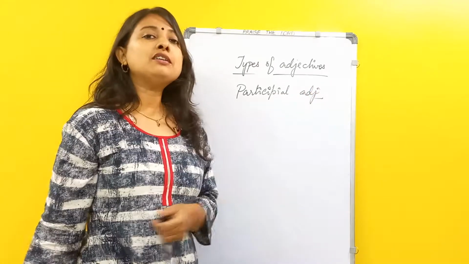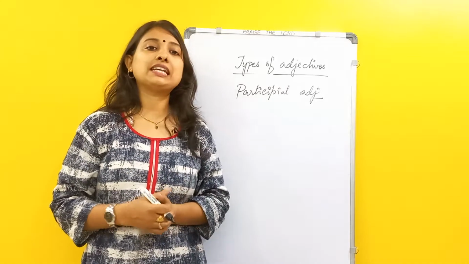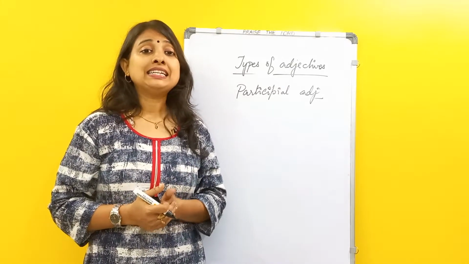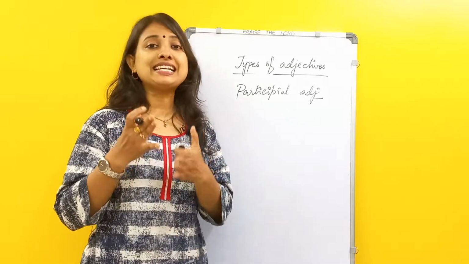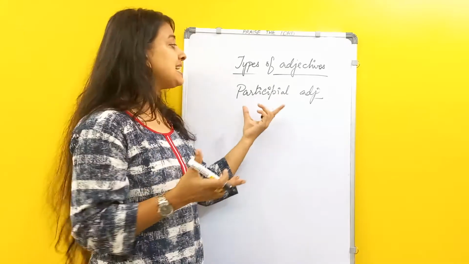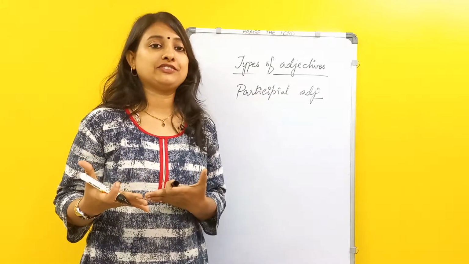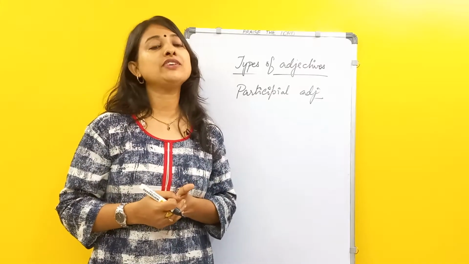So what is a participle and what are these participle adjectives? Participle adjectives are adjectives that use a participle. The participle itself is used as an adjective. The participle itself takes the form of an adjective.